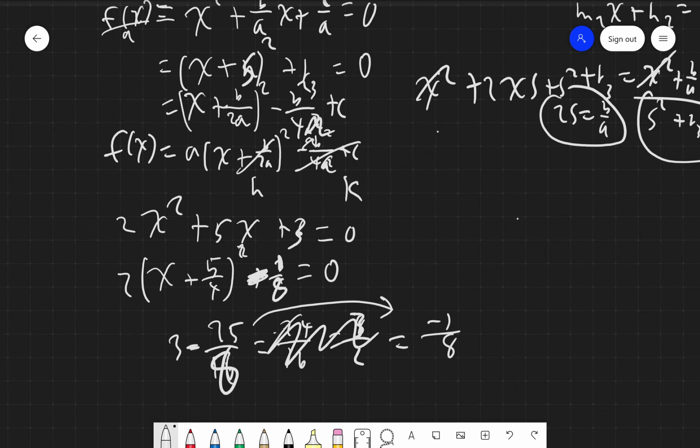That equals 0. We can add 1/8 and then divide by 2 to get x plus 5/4, squared, equals 1/8 over 2, which is 1/16. We can take the square root to get x plus 5/4 equals 1/4.